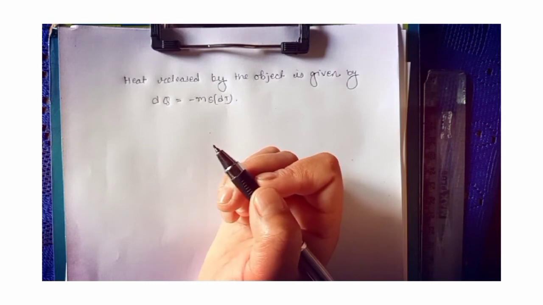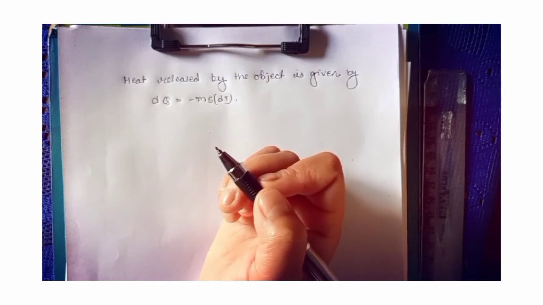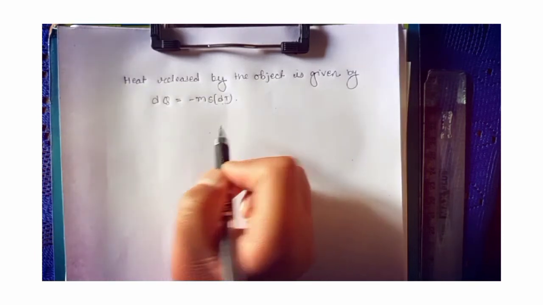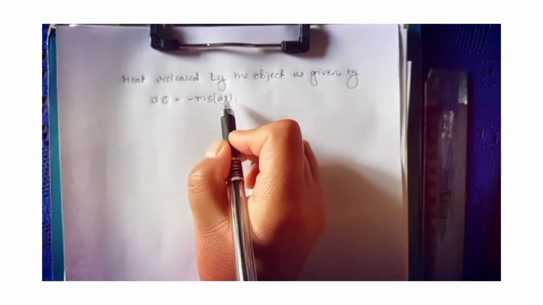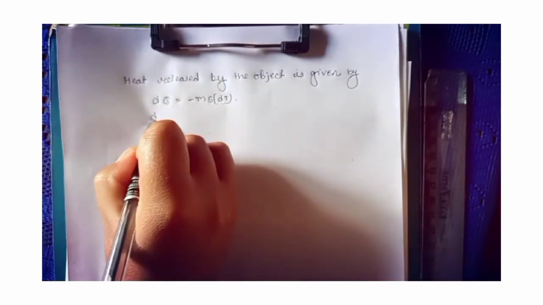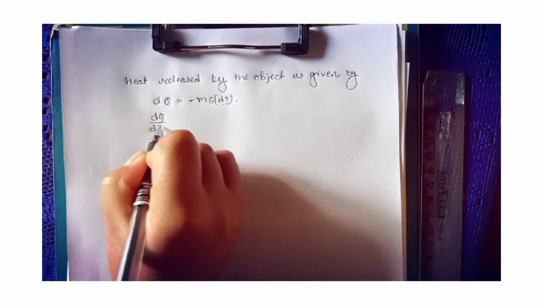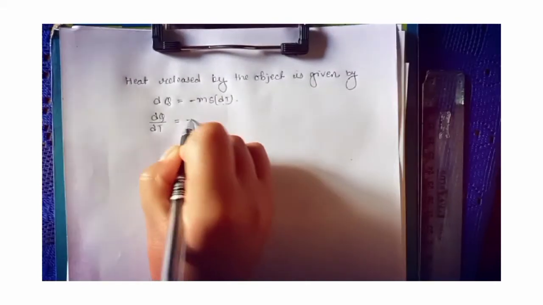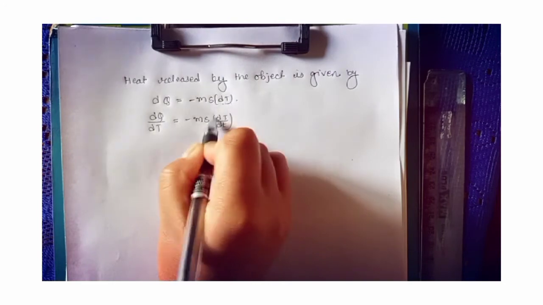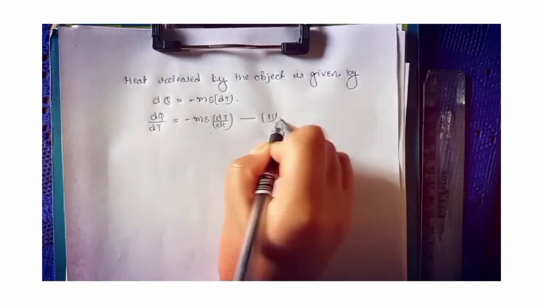Its corresponding effect will be that its temperature decreases by dT amount. Since the temperature decreases, the minus sign is over here. Further, dQ upon dt is equal to minus of m s dT by dt. Let us mark it as equation number 2.